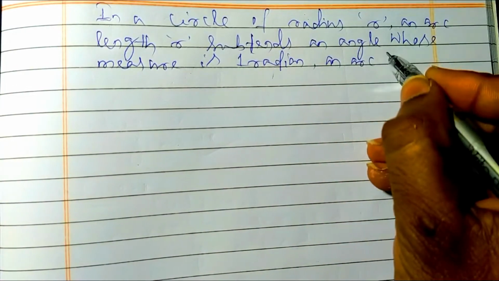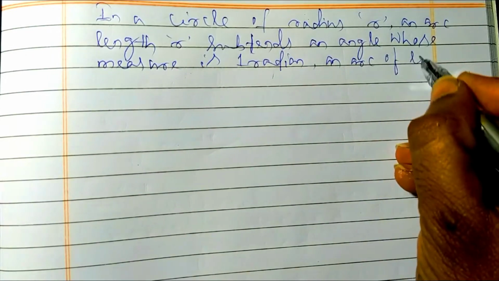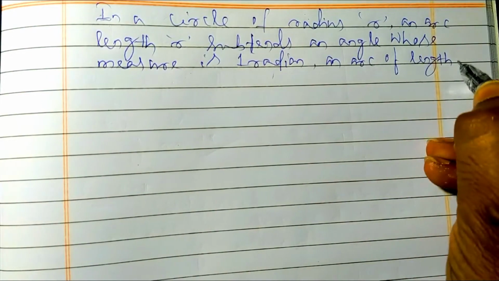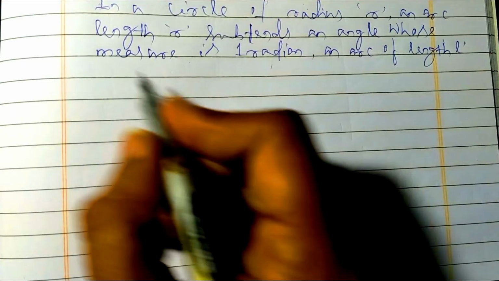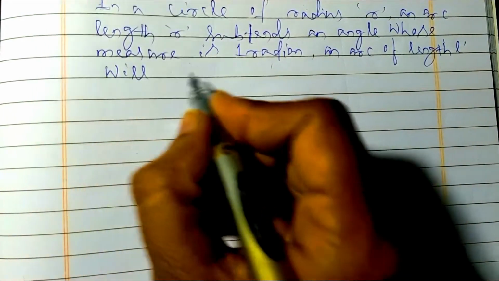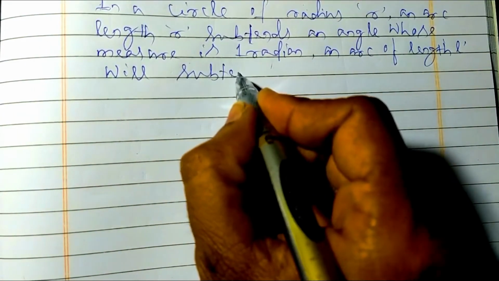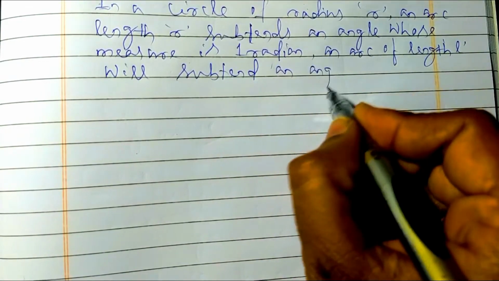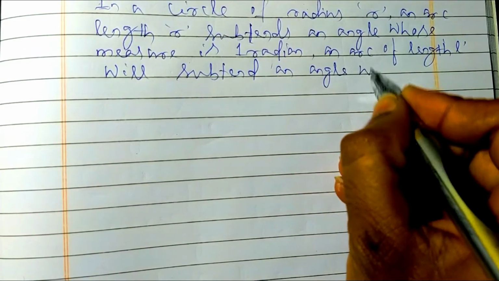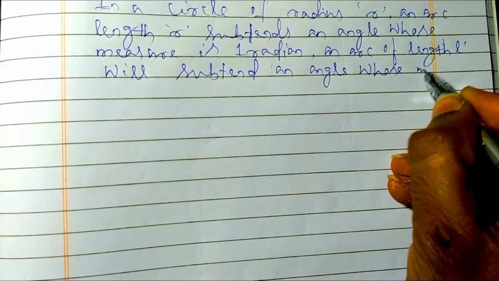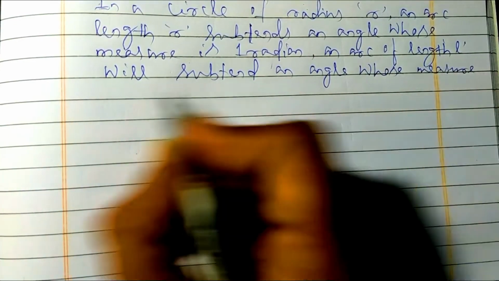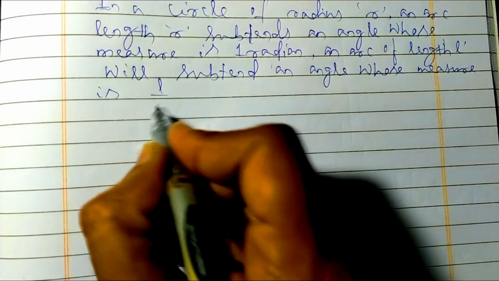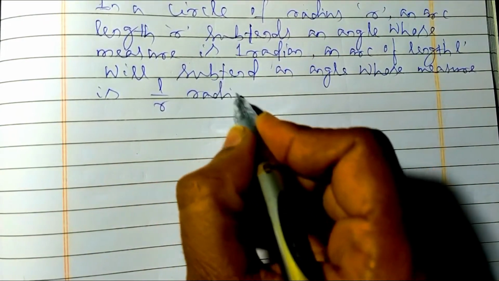That means an arc of length L will subtend an angle whose measure is L by r radian.